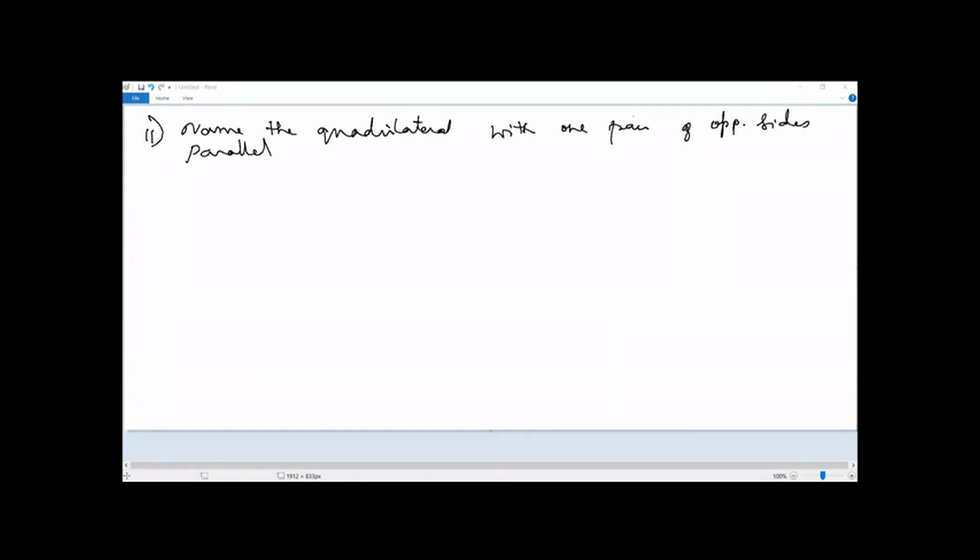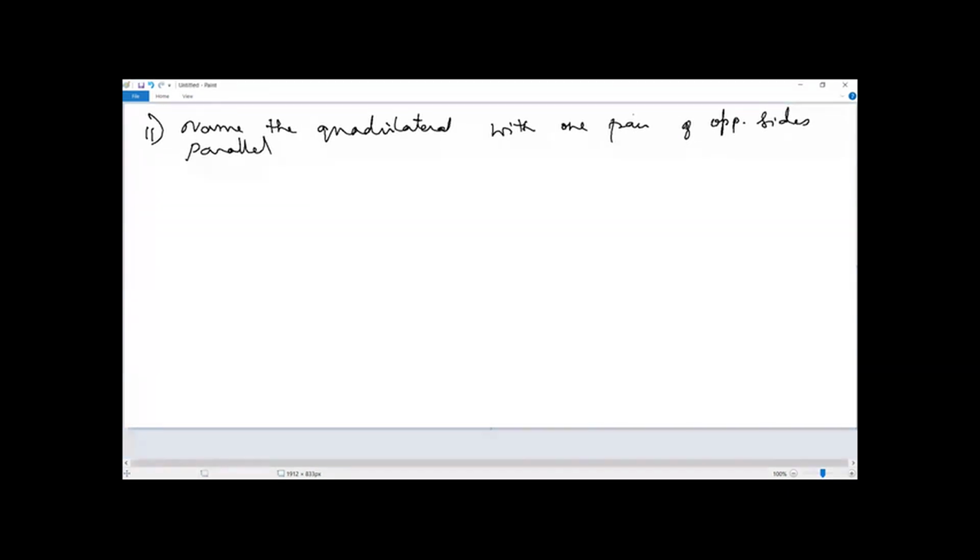Pavitra finished. Next is Pooja. Yes, ma'am. Pooja, you have to answer. What is the name of the quadrilateral which has one pair of opposite sides parallel? Ma'am, trapezium. Trapezium. Very good. Very easy question. Trapezium is the answer.